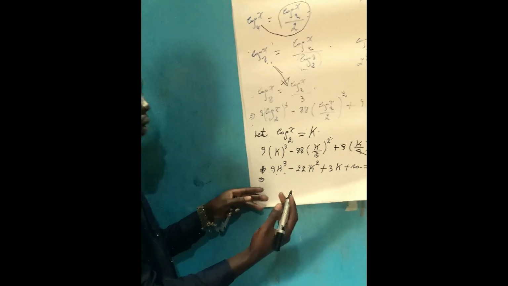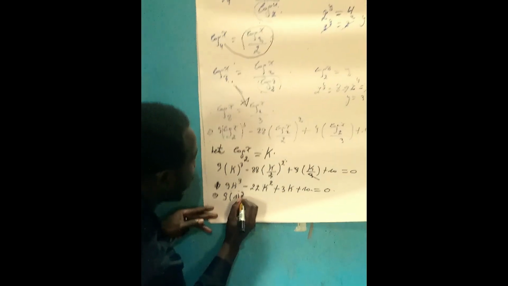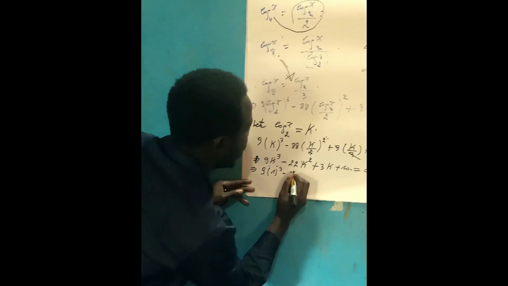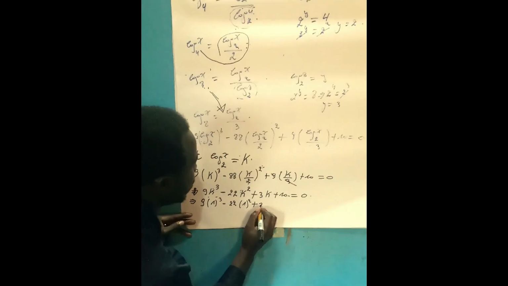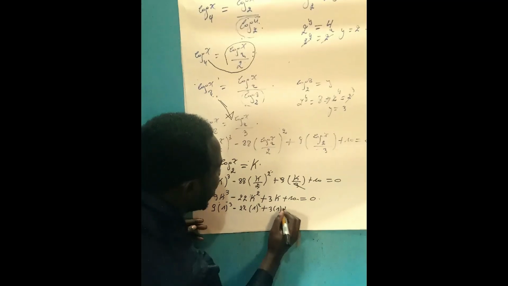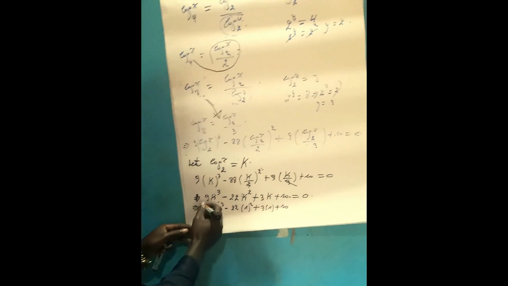Then verify 1. We take 9 times 1 power 3 minus 22 times 1 power 2, then plus 3 times 1, then plus 10. Then check whether it's equal to 0.